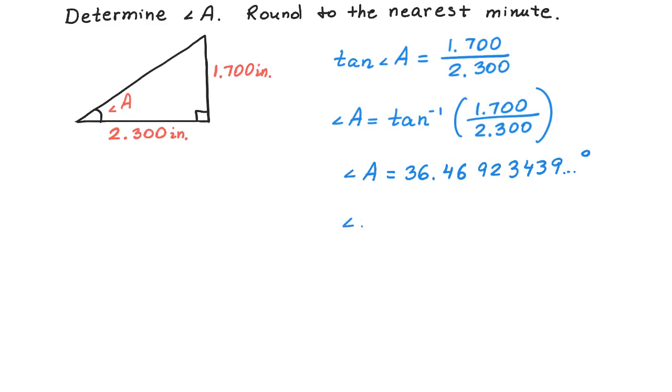The calculator shows that we have 36 degrees, 28 minutes, and 9.244 seconds. 9.244 is less than half of a minute. Therefore, when we round to the nearest minute, the answer will be 36 degrees and 28 minutes, and we will just drop the seconds.